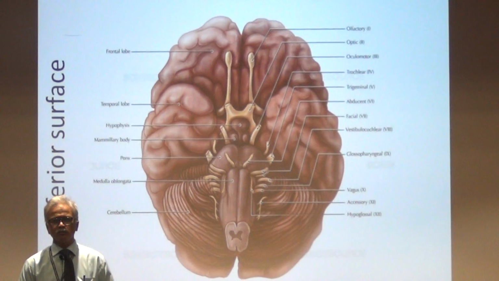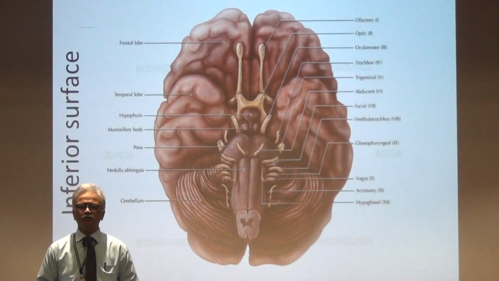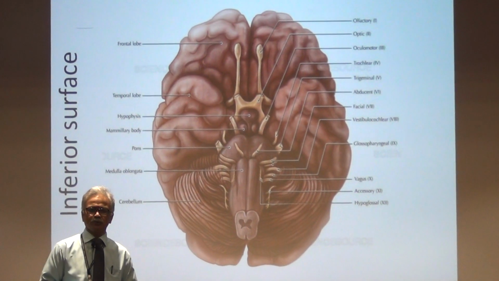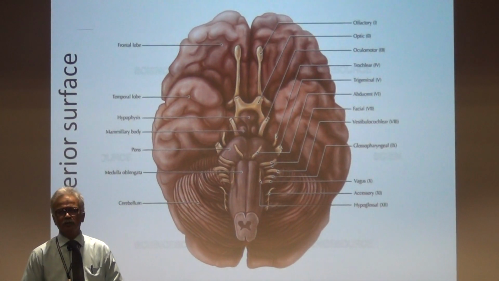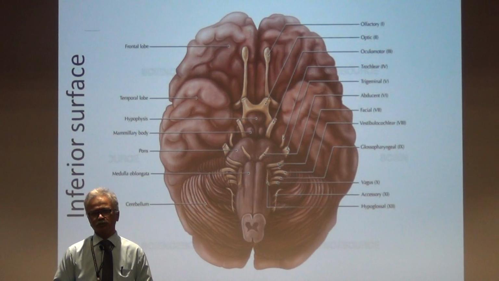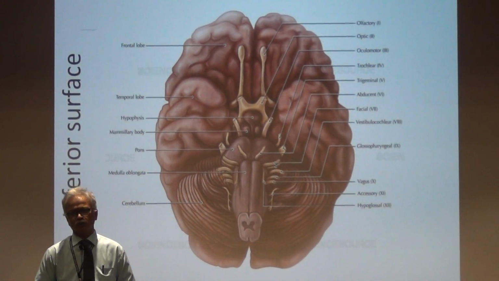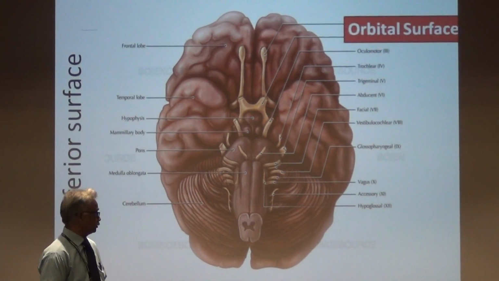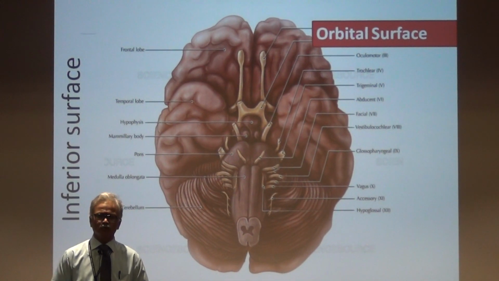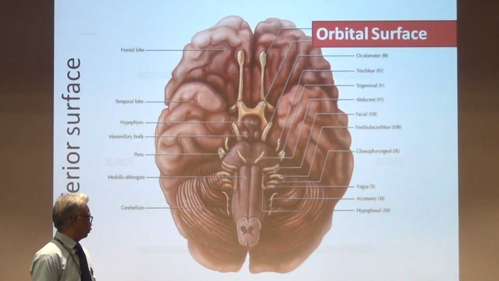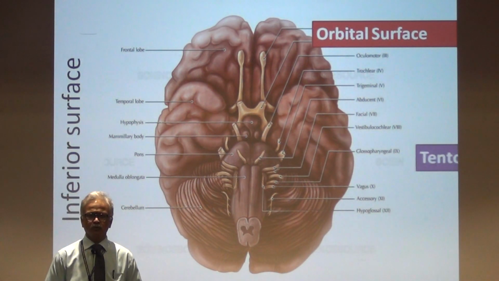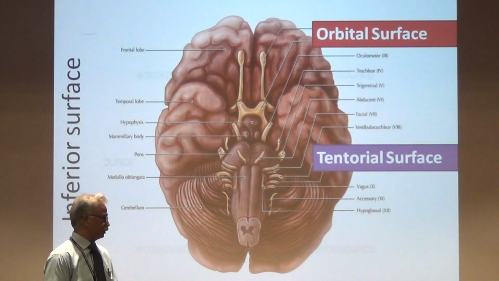This is a picture showing both the right and left cerebral hemispheres and also the other parts of brain. The inferior surface of cerebrum consists of two parts: the orbital part, which is called orbital surface, and the tentorial surface, which is present posteriorly.